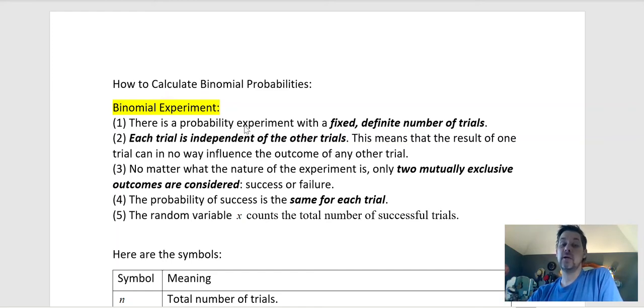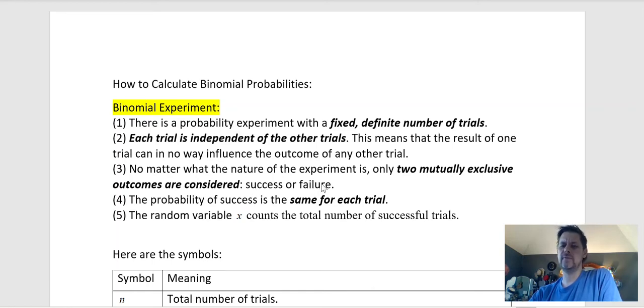It is a probability experiment with a fixed, definite number of trials, meaning this is not open-ended. Each trial is independent of the other trials. This means that what happens on one trial in no way can influence or affect the outcome of any other trial. No matter what the nature of the experiment is, there are only two mutually exclusive outcomes, success and failure.